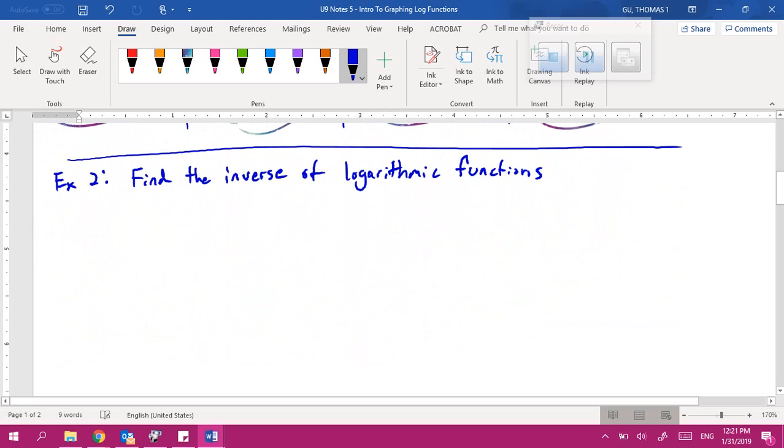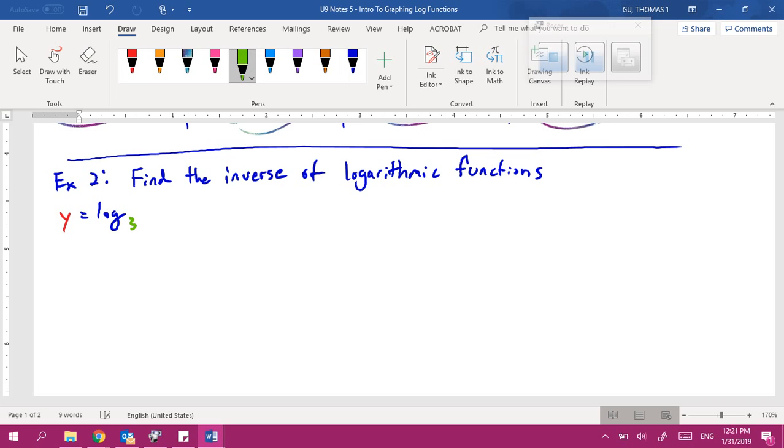For example, if you were given y equals log base 3 of x. First of all, you want to see what the question is asking you. What type of function is the inverse of logarithmic? Exponential. So you know your answer is going to be in exponential form. So I should take this original equation that's in logarithmic form and change it to exponential form.